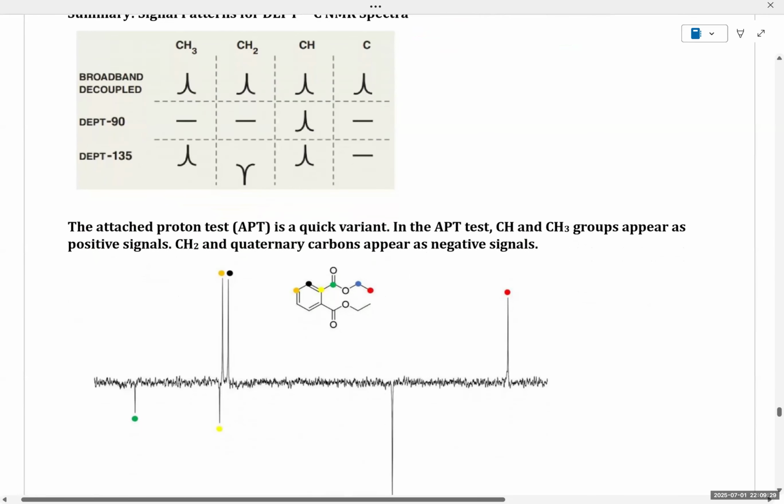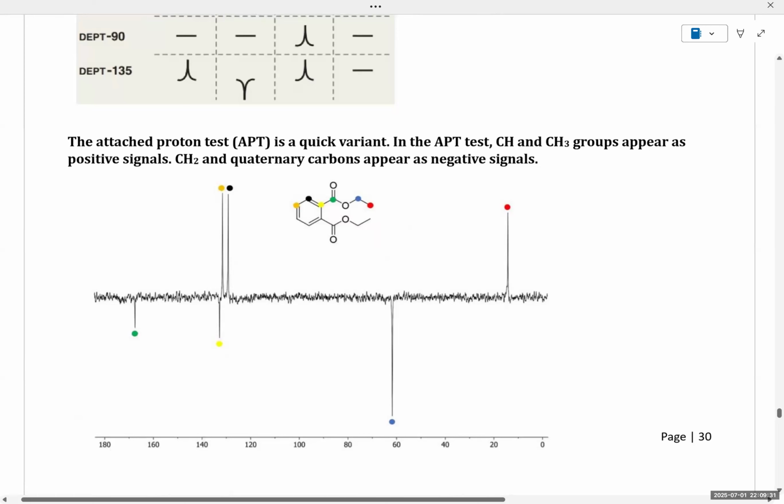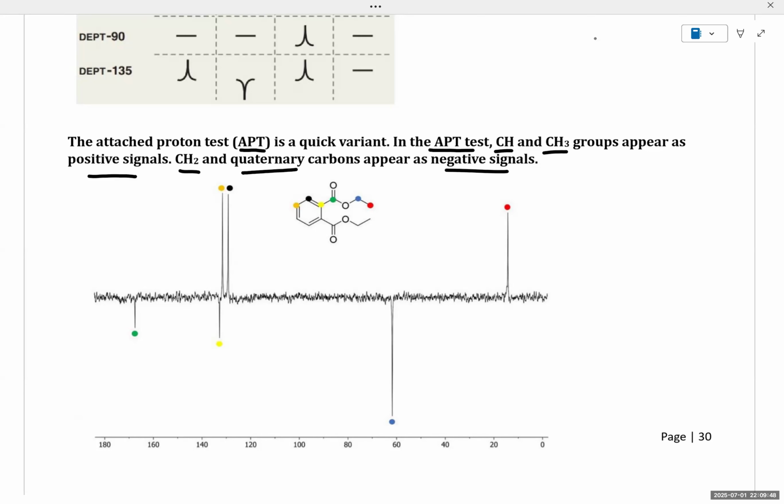One variant and one type of test that's commonly run as a quick alternative to DEPT NMR spectra is the attached proton test, APT. In the APT test, CH and CH3 groups appear as positive signals, while CH2 and quaternary carbons appear as negative signals.